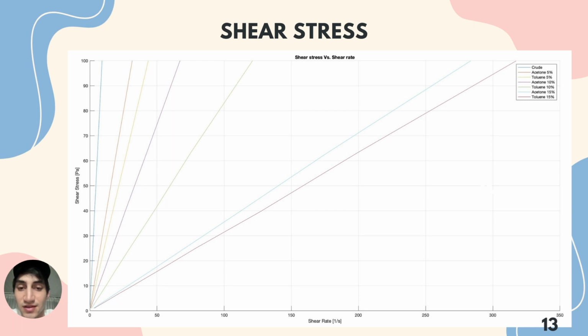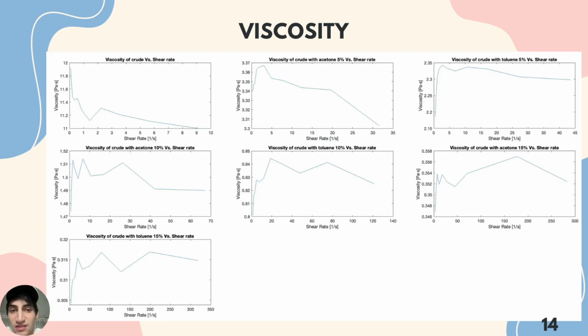For the viscosity, we first wanted to show the individual viscosity behaviors of the different mixtures. The viscosity is measured in pascal seconds and the shear rate is measured in 1/seconds.